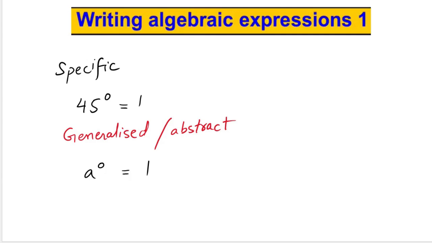So a means any number raised to the power of 0 equals 1. But a cannot be 0. Like 0 to the power of 0 is not equal to 1. Whereas every other number raised to the power of 0 always equals 1.